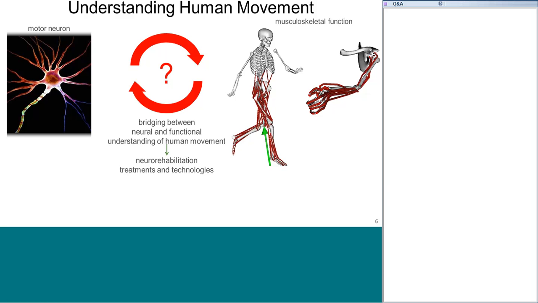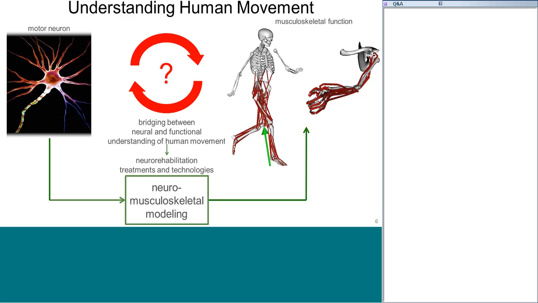So a potential solution for bridging between these two worlds is given by neuromusculoskeletal modeling, and this in fact allows converting estimates of neural excitations into predictions of the associated musculoskeletal function. And that's what I'd like to talk about today in this presentation.